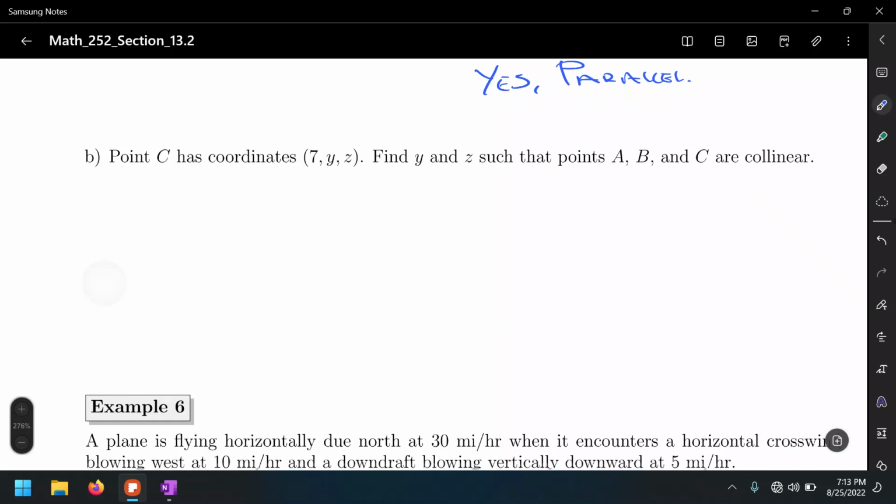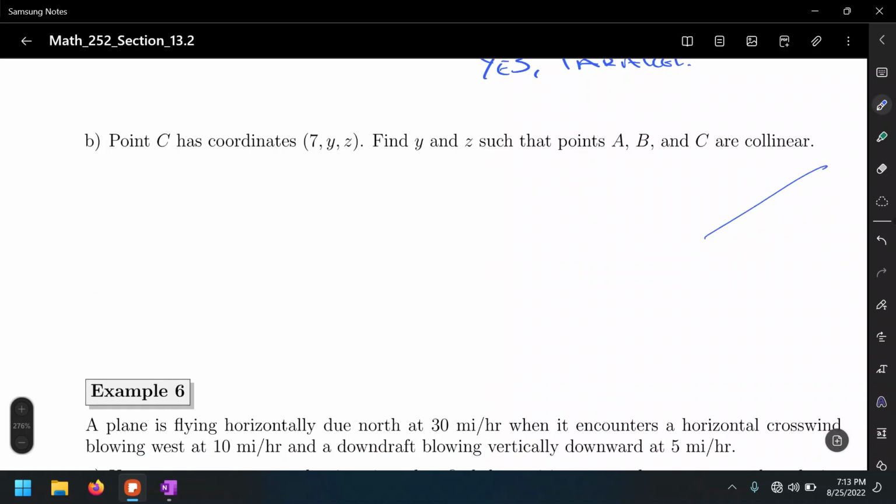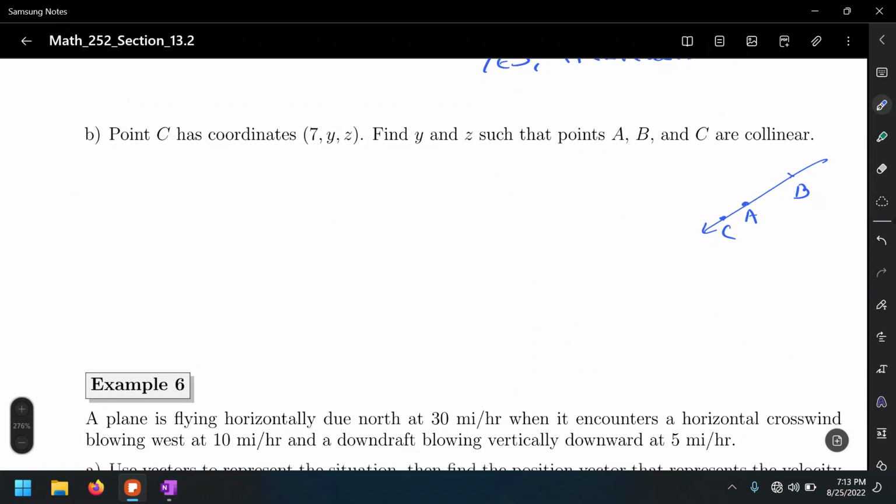Here's a picture. If we have A, B, for example, C could be here, and as we can see, the 3 points lie on the same line. That's what it means to be collinear. From part A, we got vector AB, which is described by (1, 3, -3).